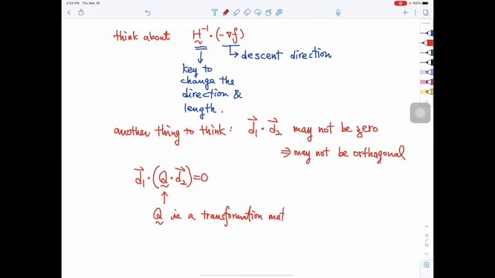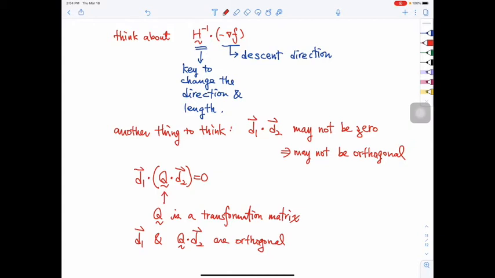And D1 and Q dot D2 are orthogonal. So that's how I understand it.